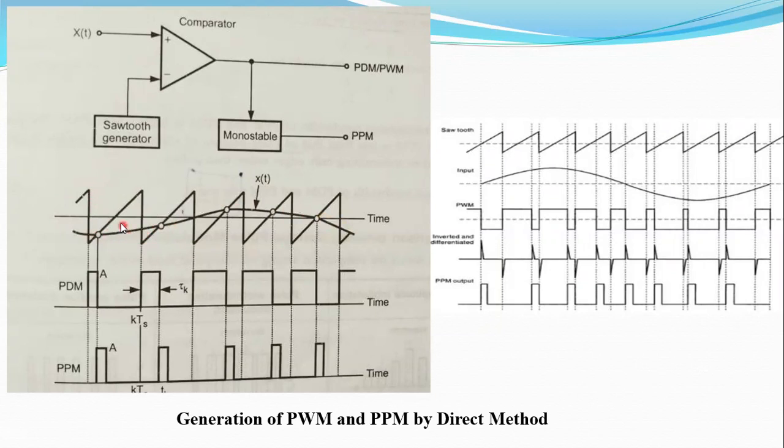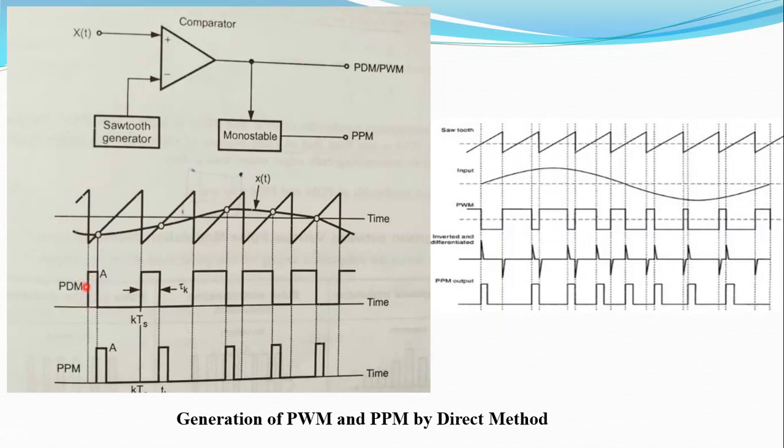Now the comparator will compare these two signals, and the output is generated only when the instantaneous value of x of t is higher than the sawtooth waveform. And the rising edges of the pulse width modulation signal occur here. This is the rising edge.